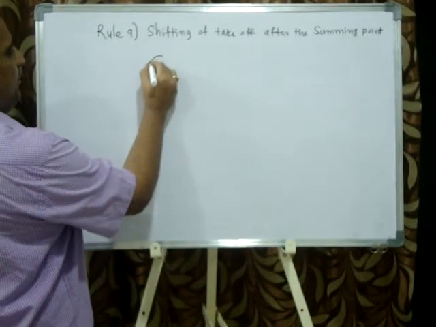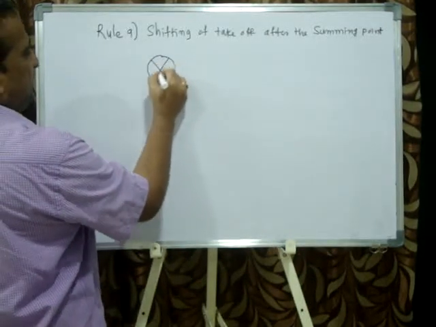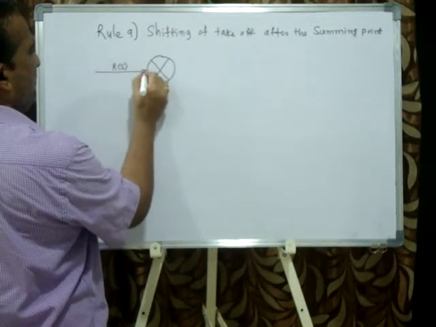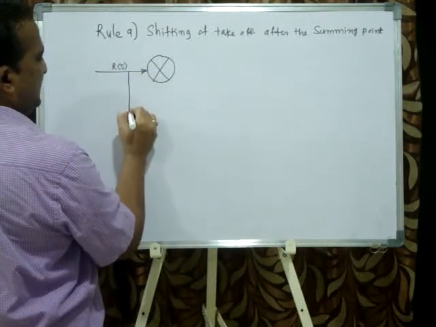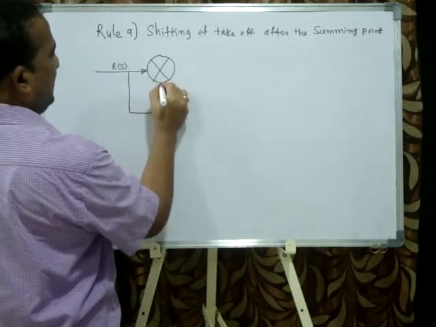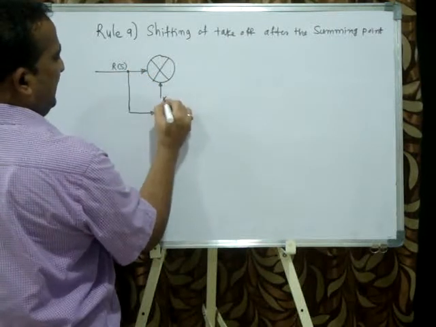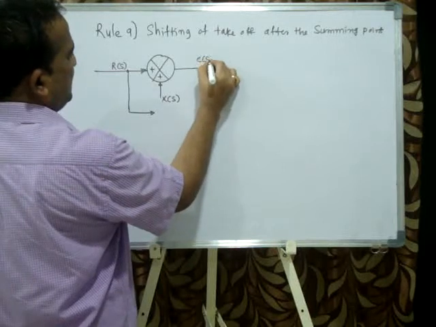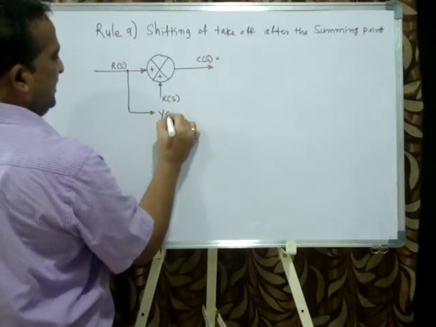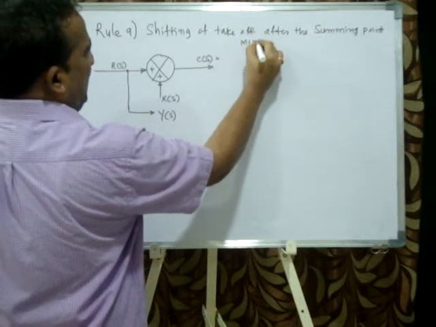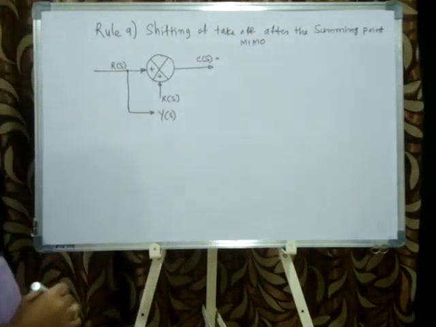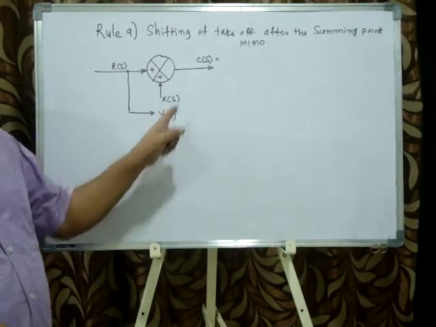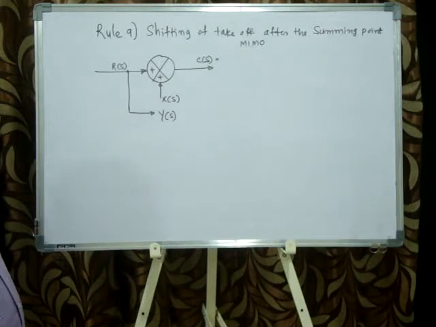Now you see here there is R of S, and here there is a summing point, take off point, here X of S, here C plus plus, here this is C of S, and here Y of S. This I can call MIMO, multiple input, multiple output system, MIMO system, because R of S and X of S are inputs, Y of S and C of S are outputs.